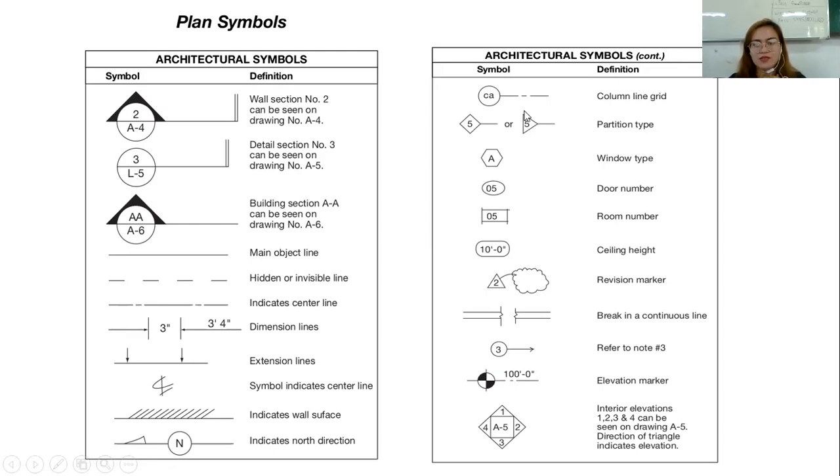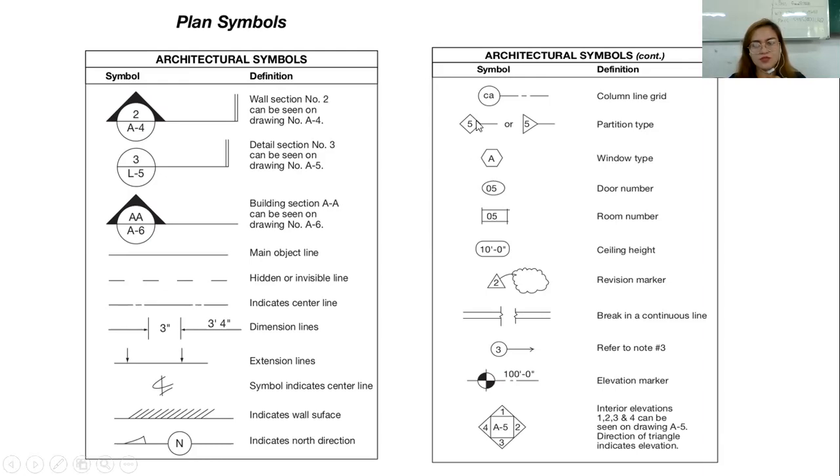So the column line grid, this is the symbol that you're going to use. The partition, we're not really going to use this one because we normally use concrete hollow blocks, the CHB, so there is no need to indicate this.